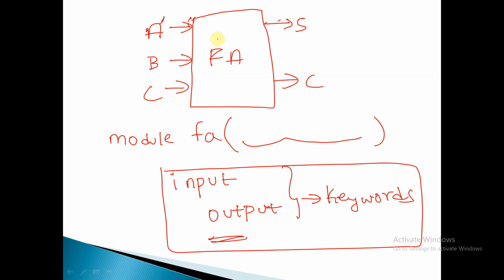So what are all the inputs for your design? Can anyone tell me? A, B, and C in. A, B, and C in. So you mention A, B, and C in as input, using the keyword input. And you use the output keyword to tell that S and C out are outputs of your design.